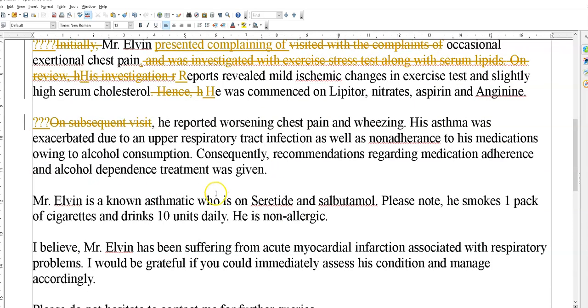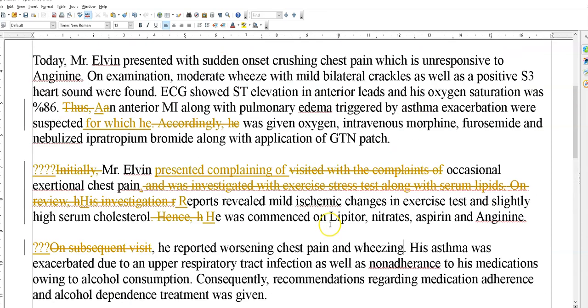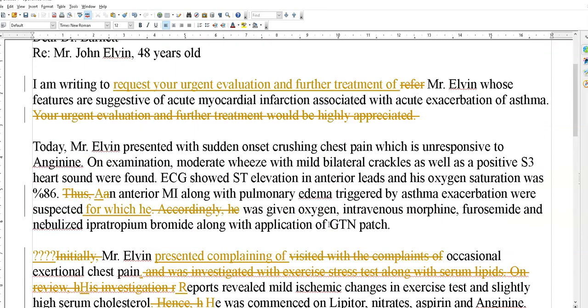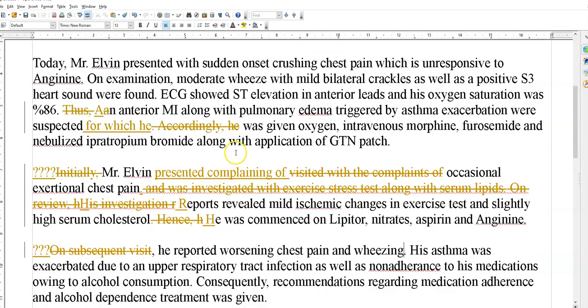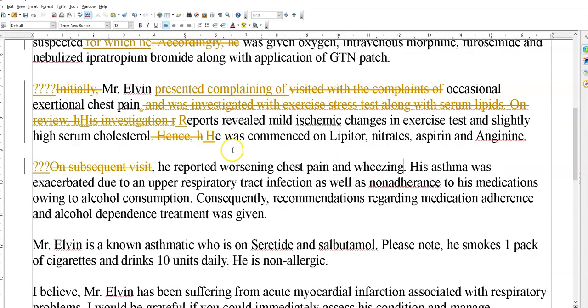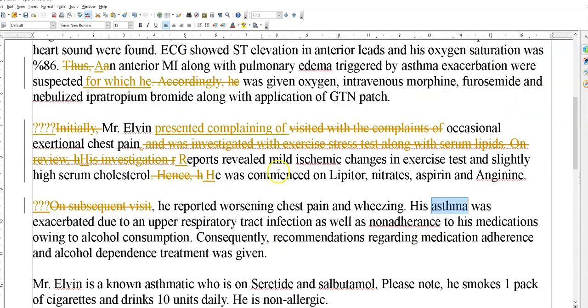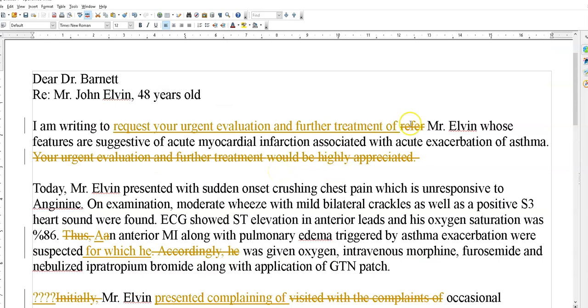Known asthmatic. Now, you've got the important part there. So today's visit, that's the most important thing, order of importance, and then we've got the chronology. But you see here, his asthma. Do you say anything about acute exacerbation of asthma?